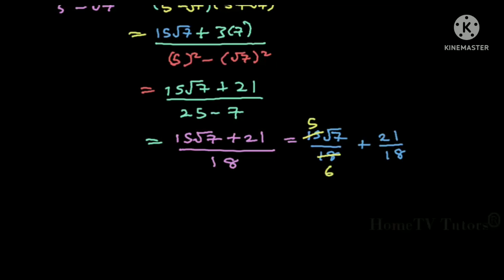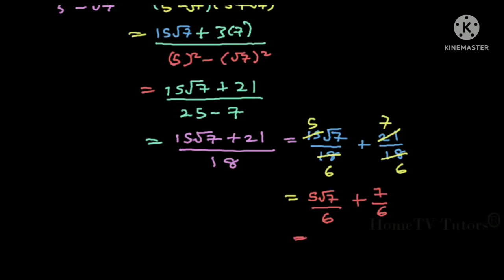Good. Then we go to the second fraction. 3 in 21 is 7, 3 in 18 is 6. So now we have 5 square root 7 over 6 plus 7 over 6.